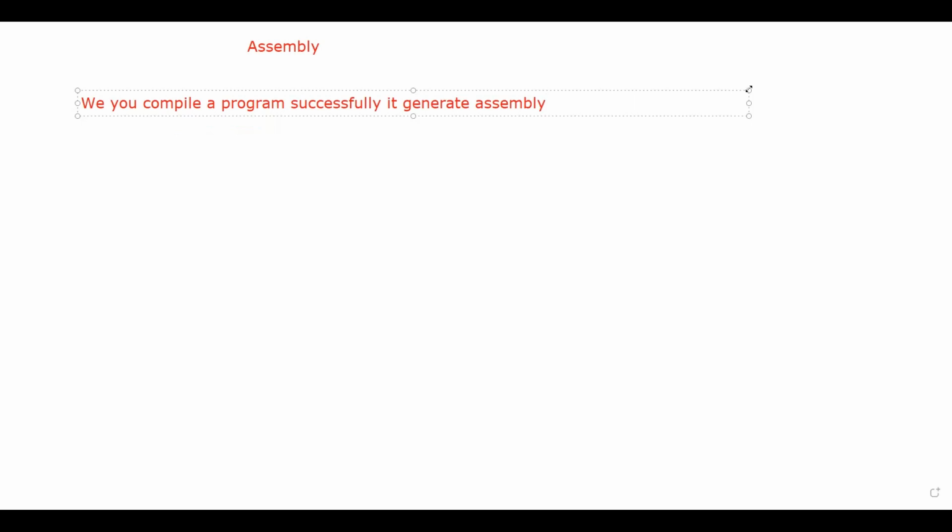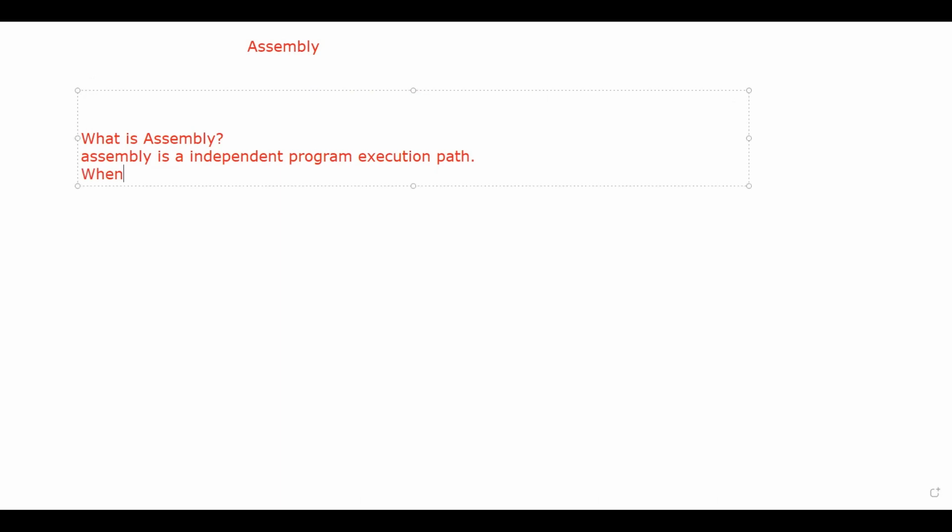So, what is an assembly? In C# code, an assembly is a code-independent program execution path. When a program compiles successfully, it generates the assembly.